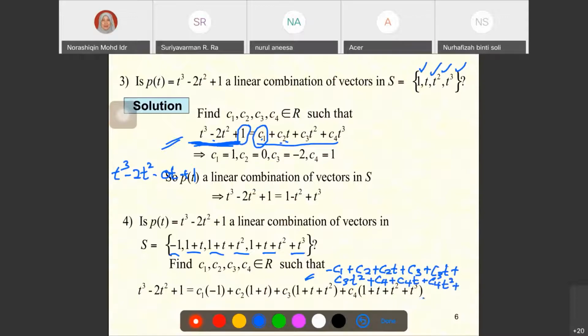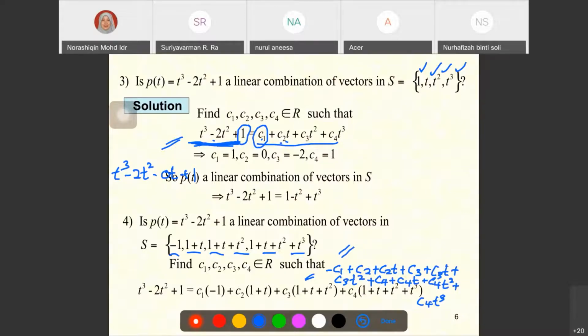Plus C4t cubed. Okay, and then what do? Combine. Simplify kan? Combine the same variable.